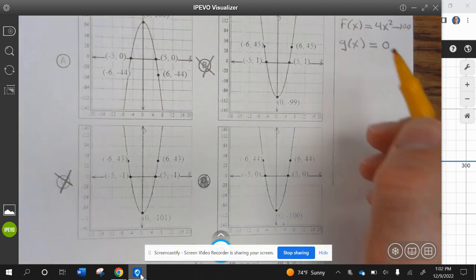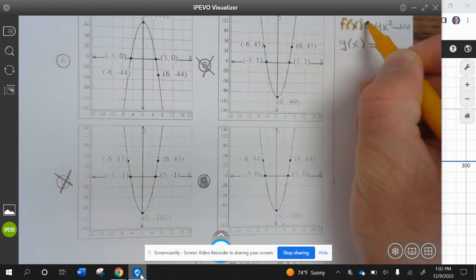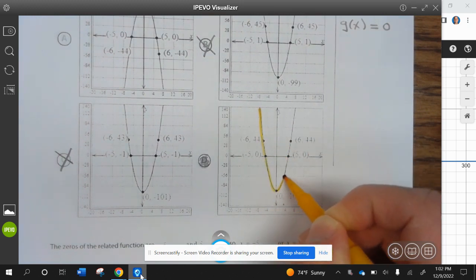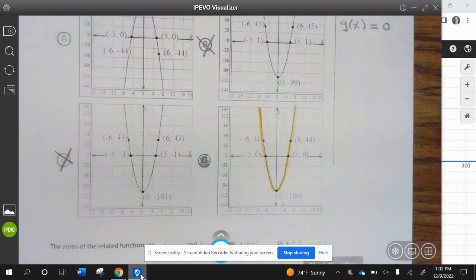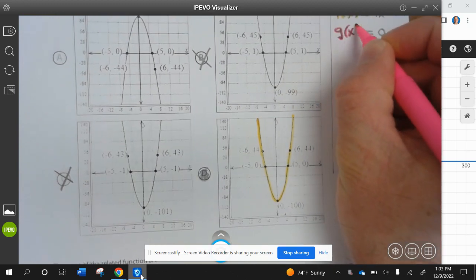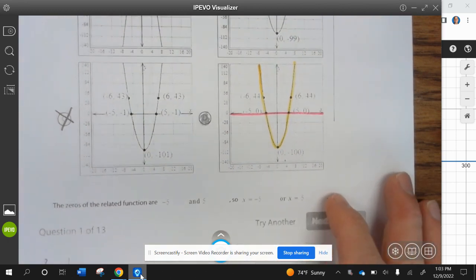Okay, so f of x, which is this graph, and g of x is this graph.